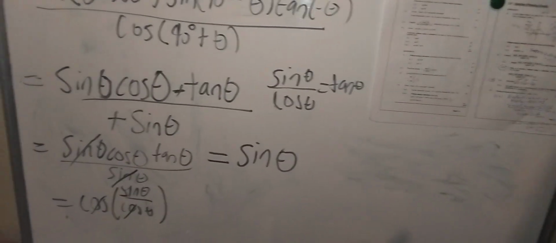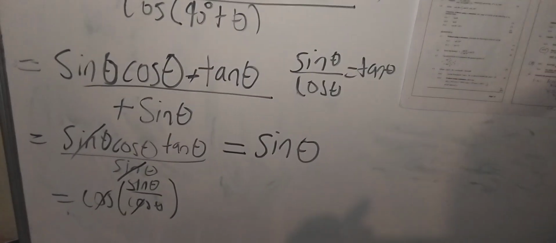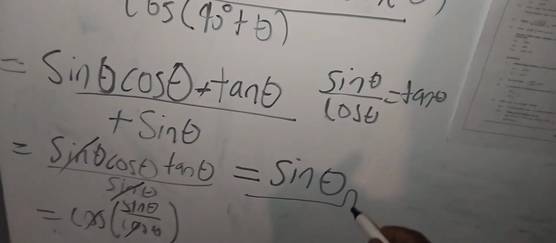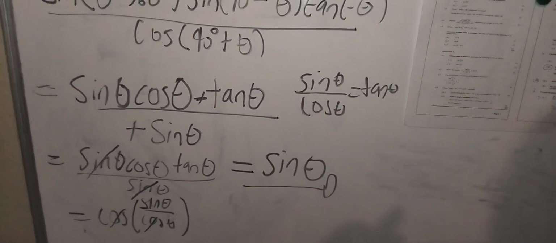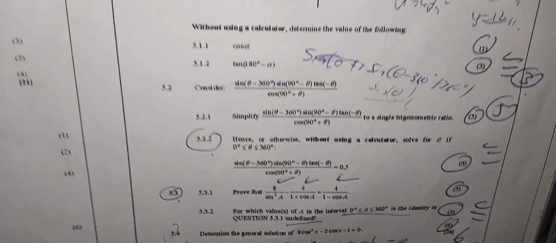Perfect. Now that we have sine theta, so we know that our answer there is gonna be sine theta. Okay, now it says here, hence or otherwise, without using a calculator, solve for theta if theta is an angle greater than 0 degrees but less than 360 degrees.